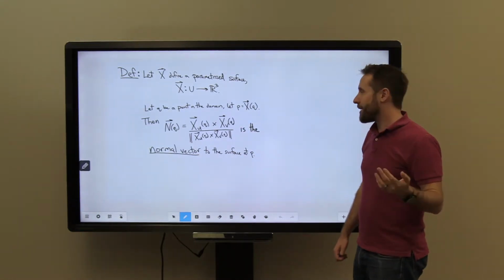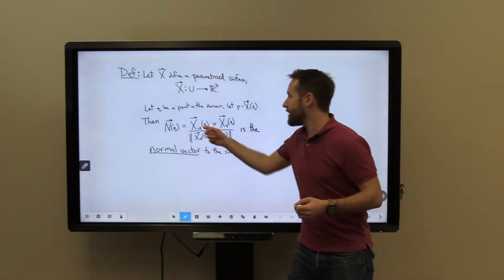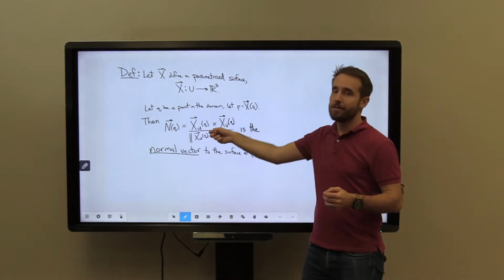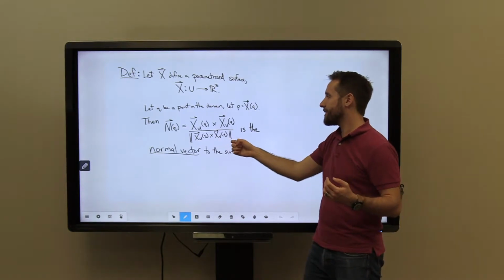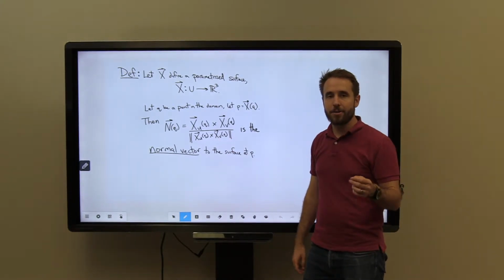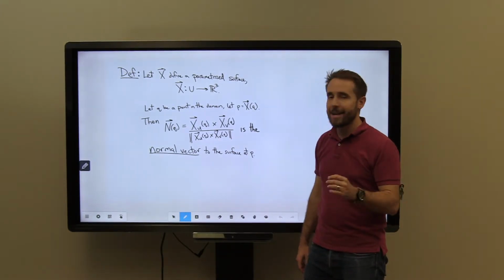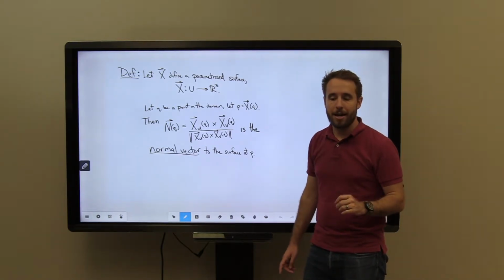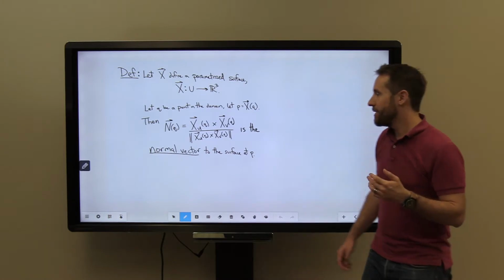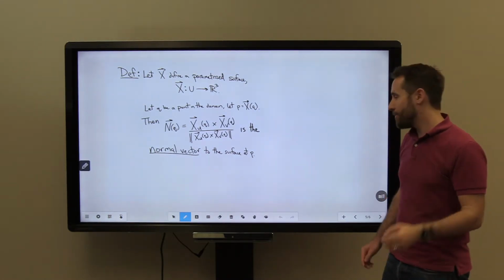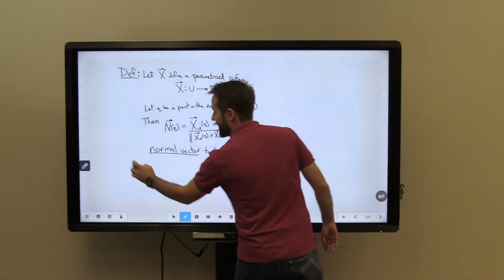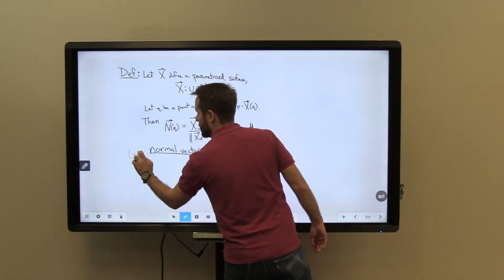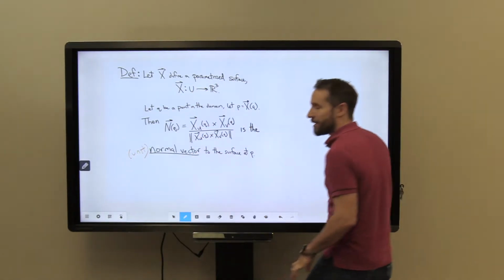Then the normal vector, which is computed as taking X sub U cross X sub V divided by the norm of X_u cross X_v, is the vector that is normal to the surface, aka the normal vector at P. And it should be stated here that the fact that this is a unit normal is implied. So if I want to emphasize that, I will also call this the unit normal vector.